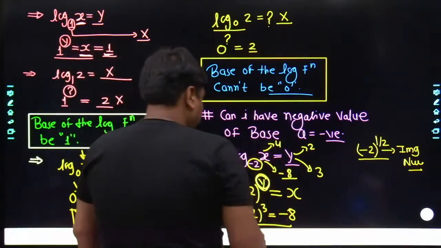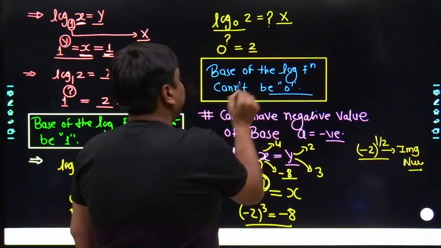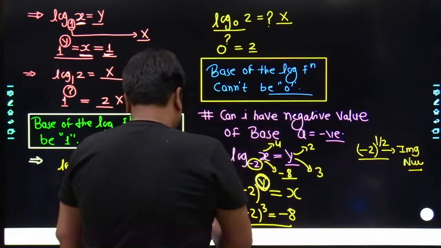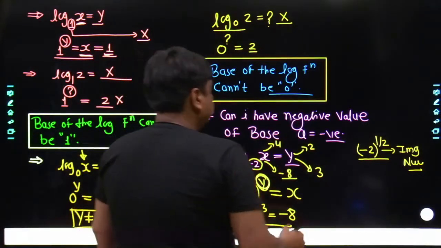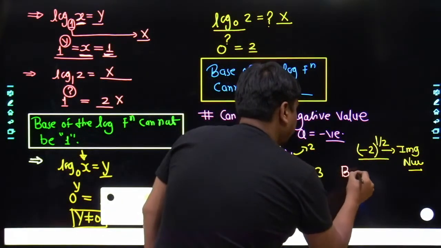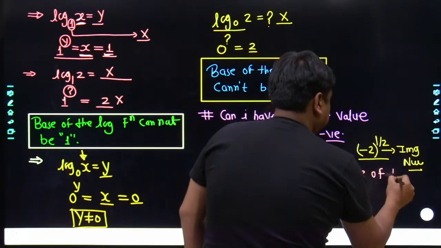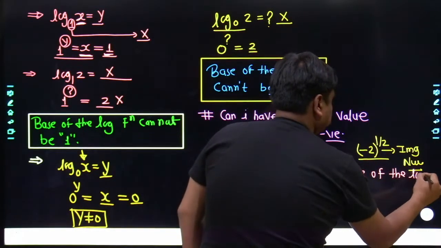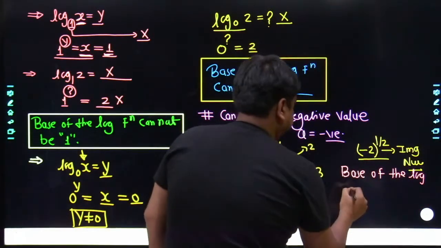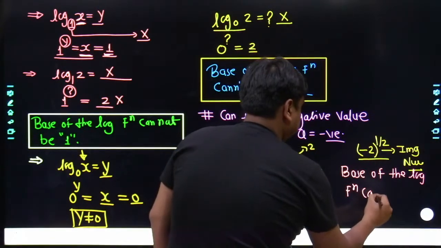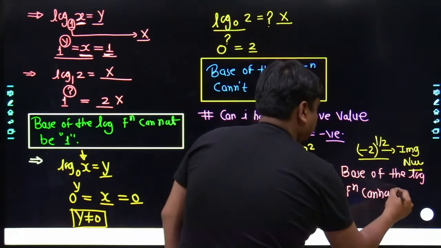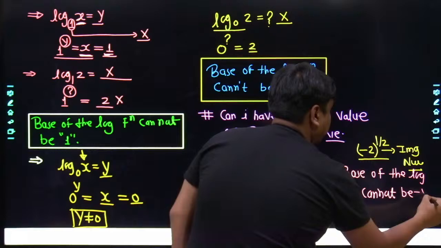You can write somewhere: the base of the log function cannot be negative. No, it can't be.